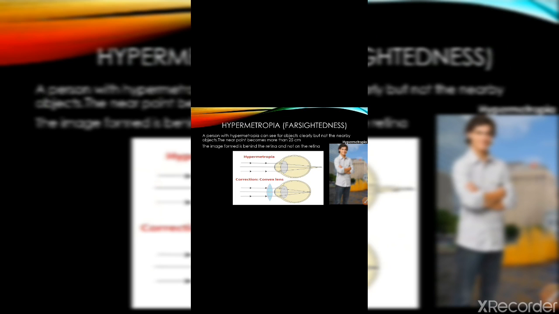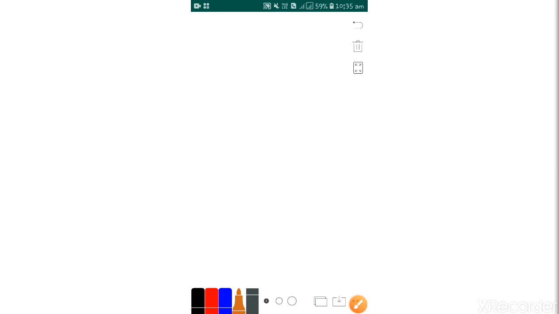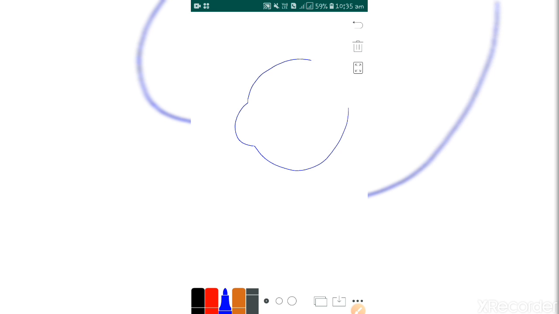See, in case of hypermetropia, the image is being formed behind the retina. What happens in this case? Now we can take a normal human eye like this, which is focusing the light rays directly on the retina.